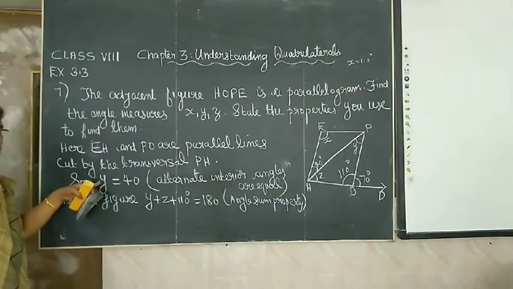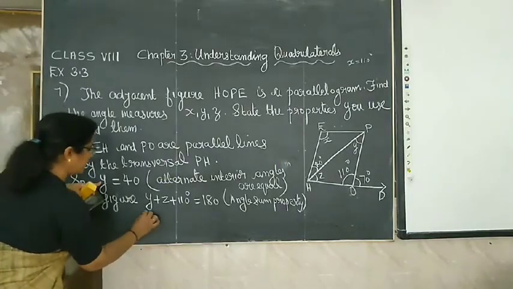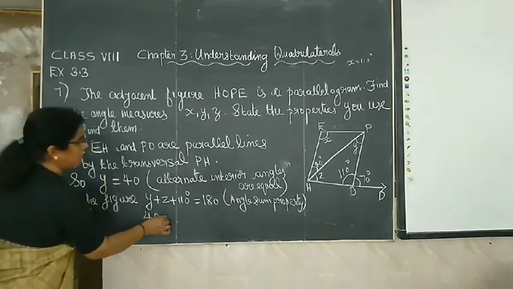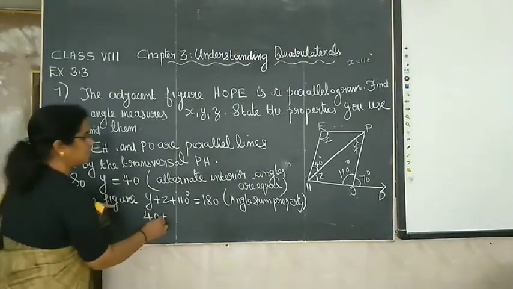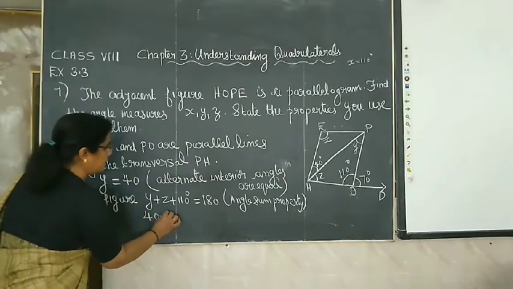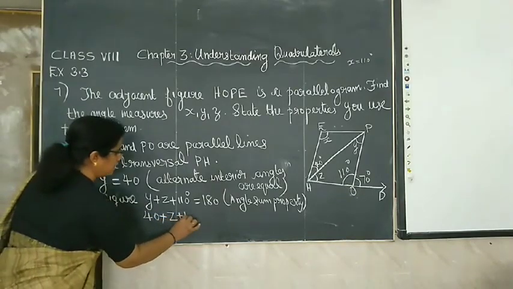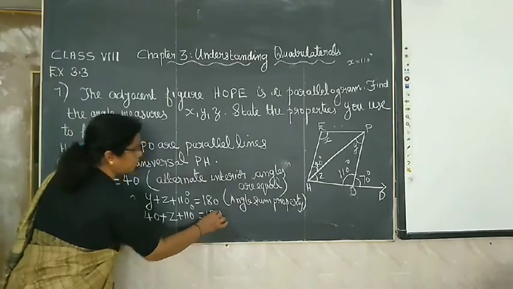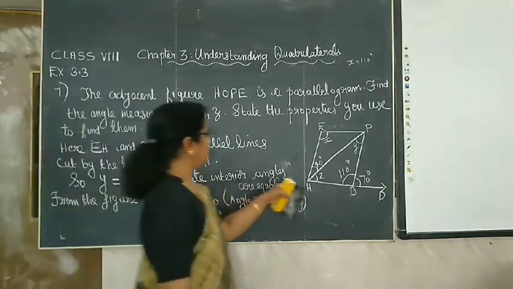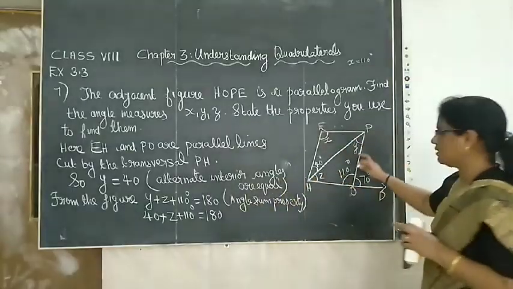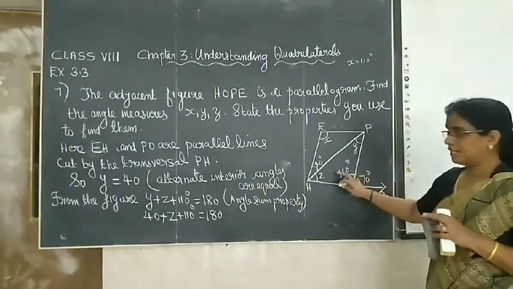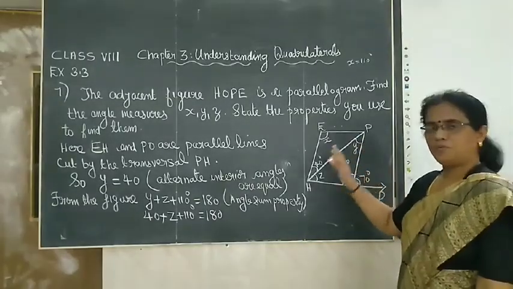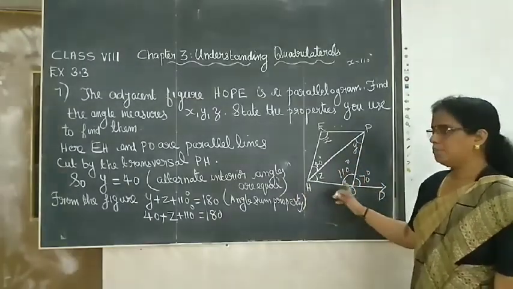So y we already know is 40. So we can write 40 plus z plus 110 is equal to 180. Because we are applying angle sum property here, z plus y plus 110 are the three angles of this triangle. That sum is 180 using angle sum property.